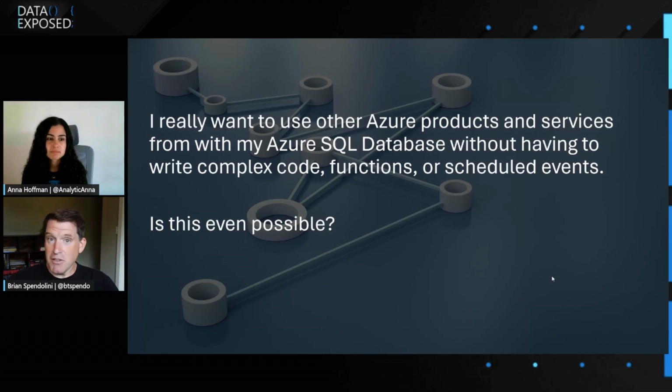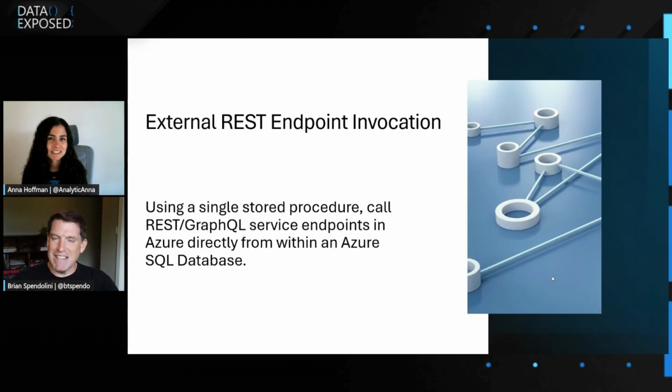And the answer to that question is yes. And that's our external REST Endpoint Invocation service that we have within the database. It's a simple stored procedure. And with this stored procedure, I'm able to call other Azure services within Azure that I may be subscribed to or that I may want to start using from scratch.